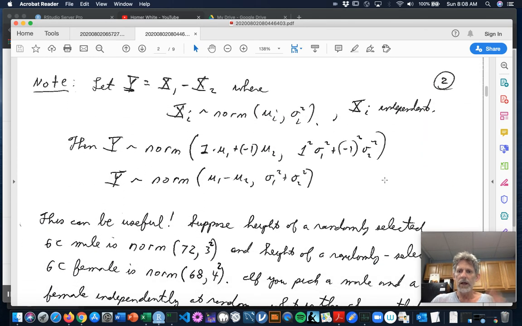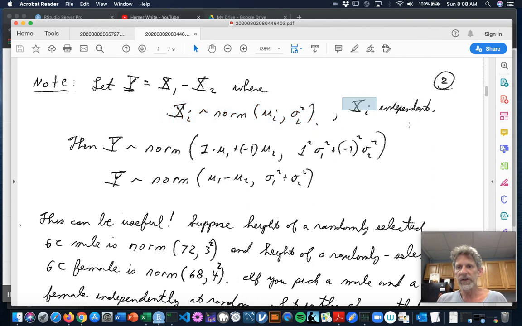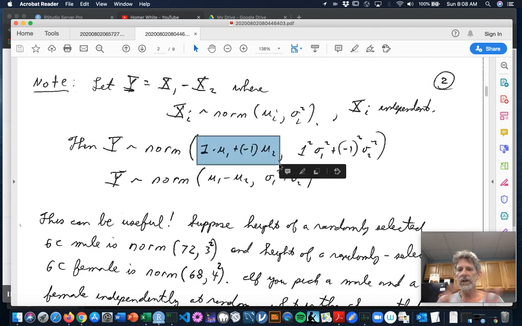Okay. Important special case of this little result. Suppose that Y is equal to X1 minus X2, where each of them is normal with their own mean and variance, and let's say they're independent of each other. So it's the difference of two independent normals. Then our result tells us that Y is going to be normal. Now, its mean is going to be the linear combination of the means.